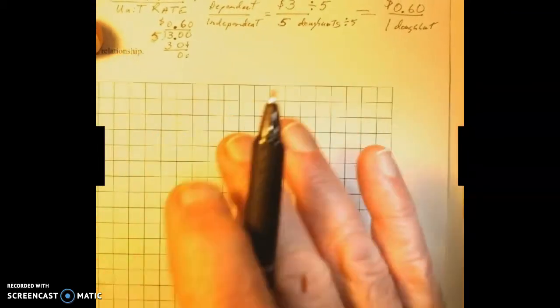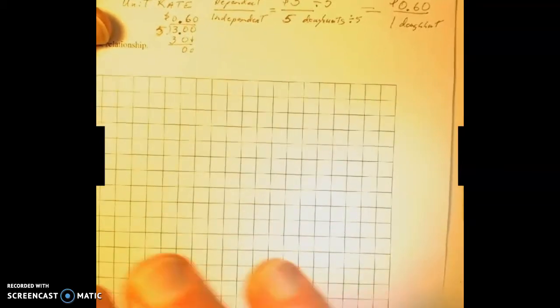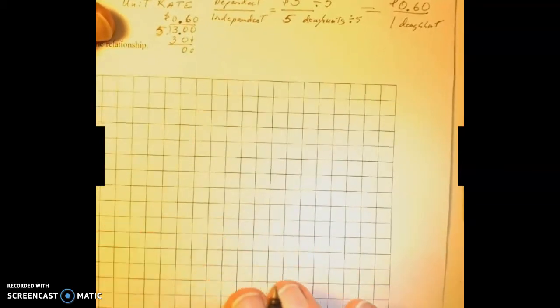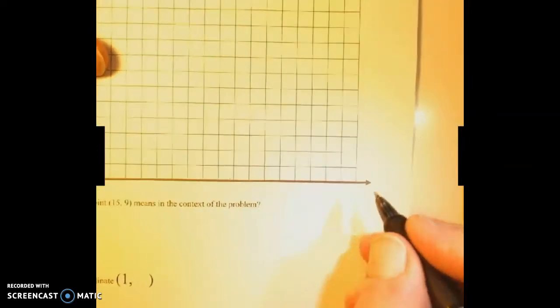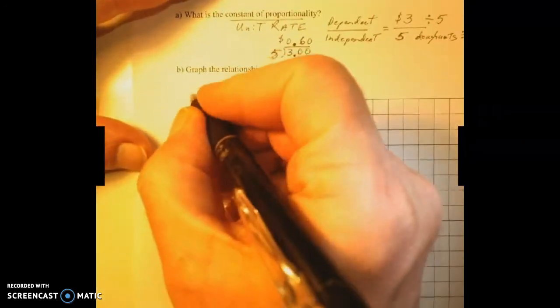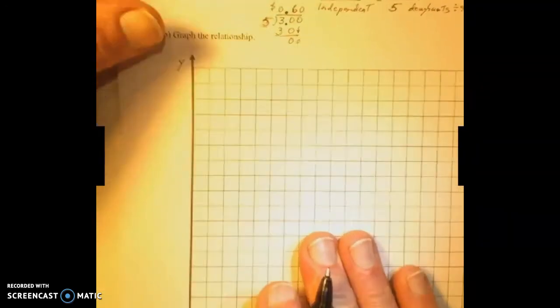When you're starting to think about your graph, you need to think about which is the independent variable, because that's going to be your x-axis, and your dependent variable is going to be your y-axis.